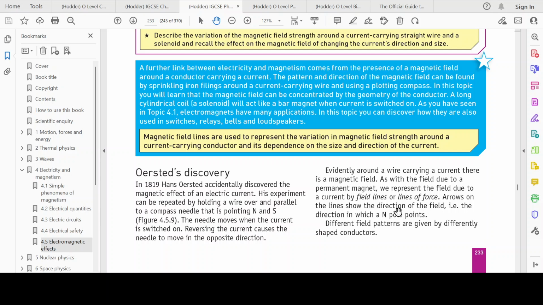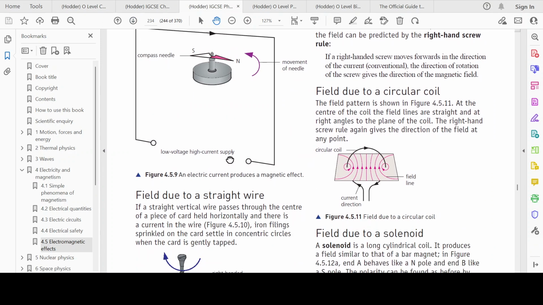Now, how do you figure out north and south? There's a method to figure out the direction of the magnetic field, given that you know the direction of the movement of current. Different field patterns are given by differently shaped conductors, but in principle the theory is the same.